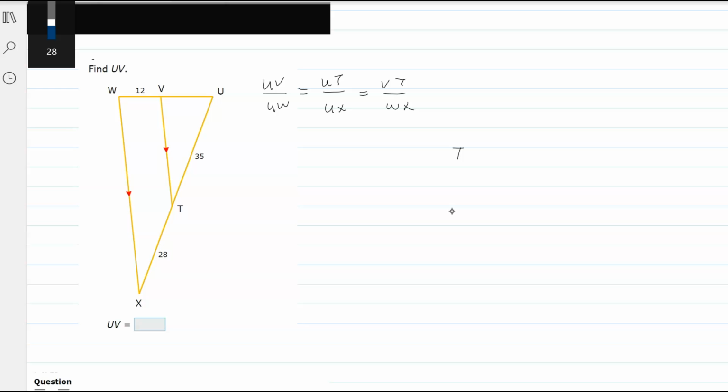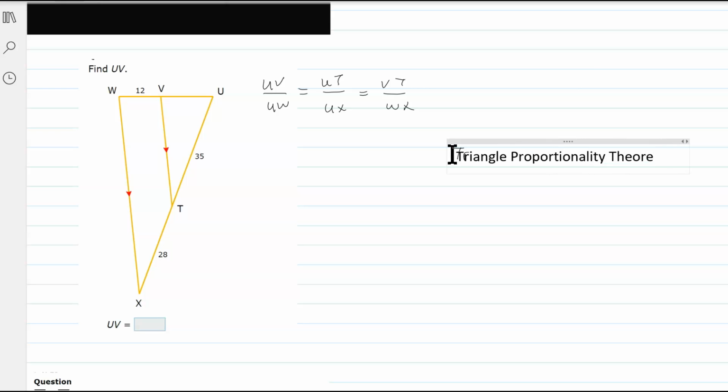The triangle proportionality theorem states that UV over WV equals UT over TX.